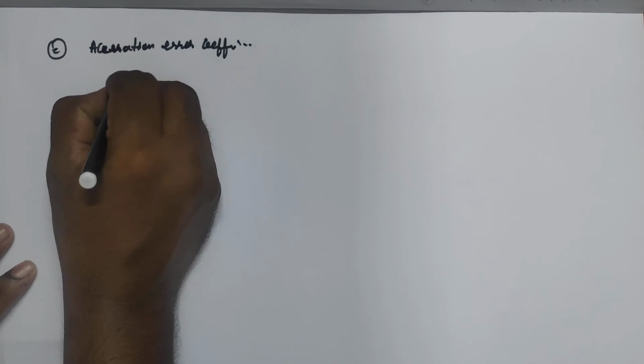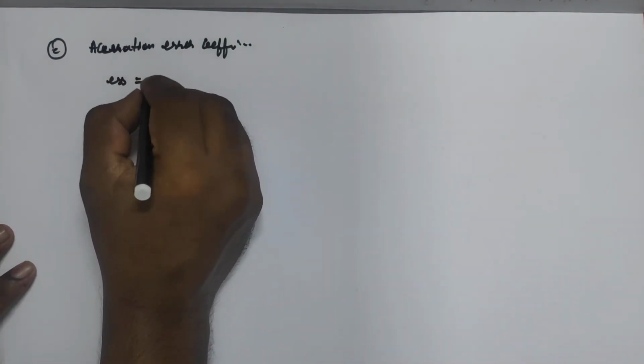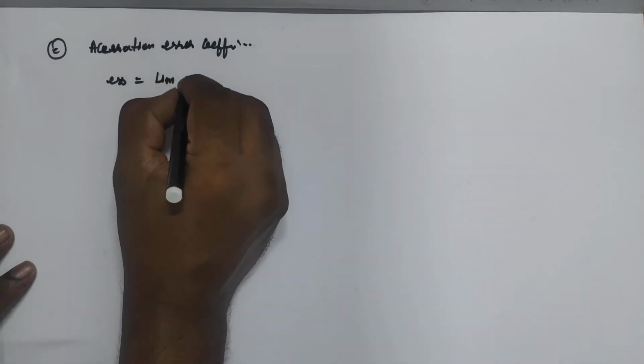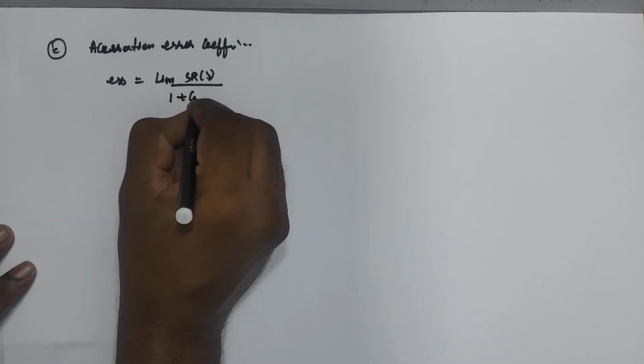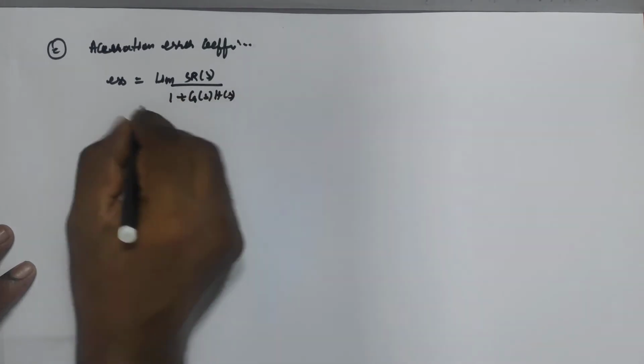So you have again e_ss equal to what? Limit s tends to 0 of s into R(s) by 1 plus G(s)H(s).